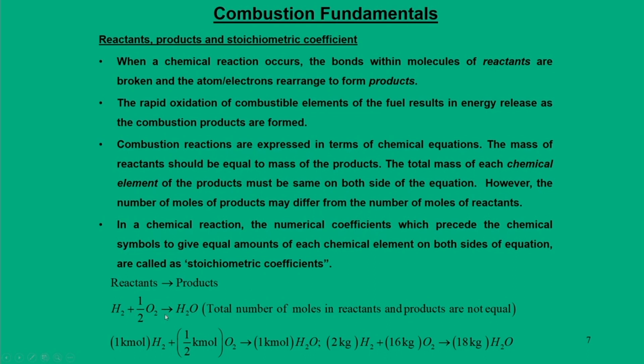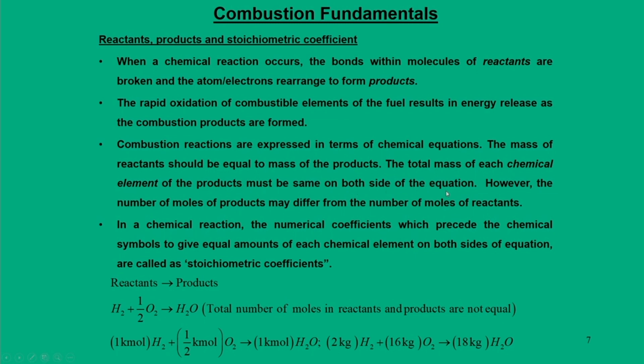If you look at this particular reaction, hydrogen and oxygen give water. The species involved are hydrogen and oxygen, and the number of hydrogen atoms on the reactant side should match the number of hydrogen atoms on the product side. Hydrogen may not exist in its own form, but it has combined with oxygen to form water, so hydrogen exists in the water in the product. So the total mass of each chemical element in the products must be the same on both sides of the equation.